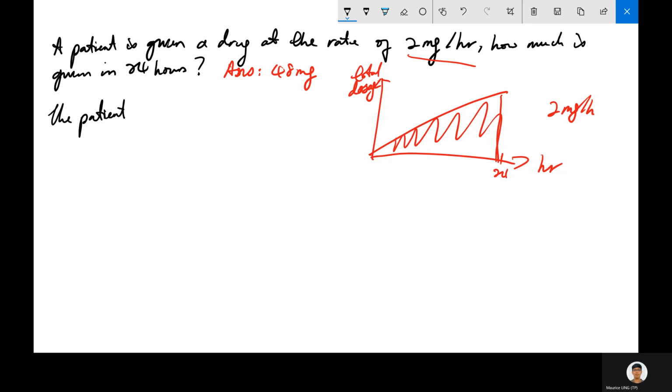Just don't talk about liver metabolism; I just use kidney. The patient actually excretes 10% of the dose per hour. After 24 hours, what is left?